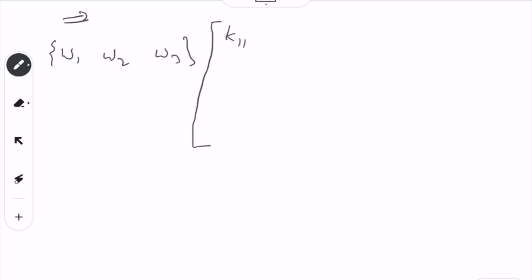It will be something like this: K11 of element 1, K12 of element 1, K12 of element 1, K22 of element 1 plus K11 of element number 2, K12 of element number 2, K12 of element number 2, and so on, all small k.